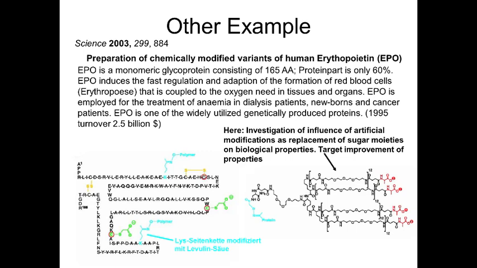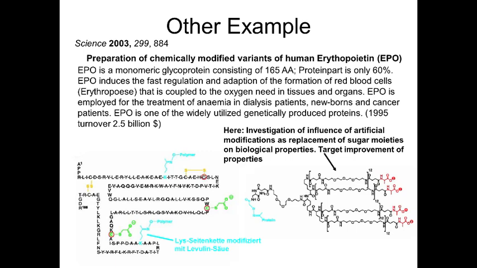EPO, all the sport-interested students might know this very well, especially when watching cycling. EPO is a very famous doping reagent because it helps to stimulate the formation of red blood cells.